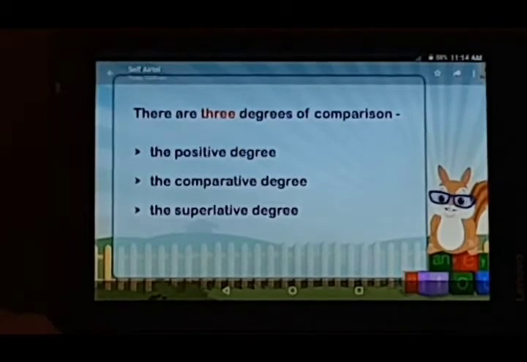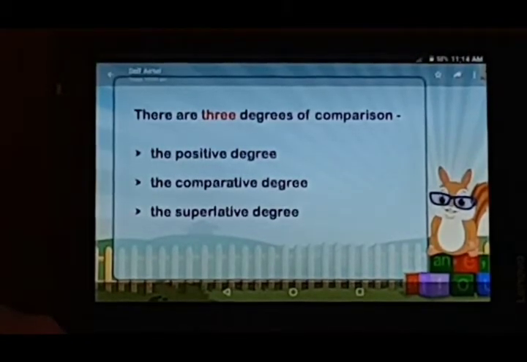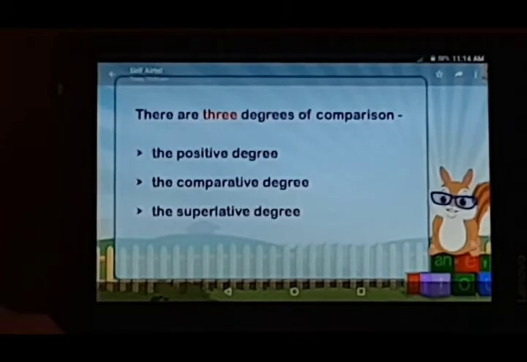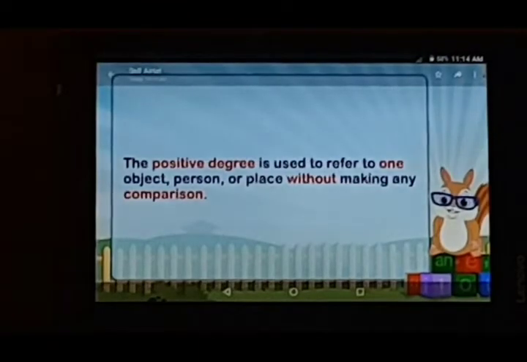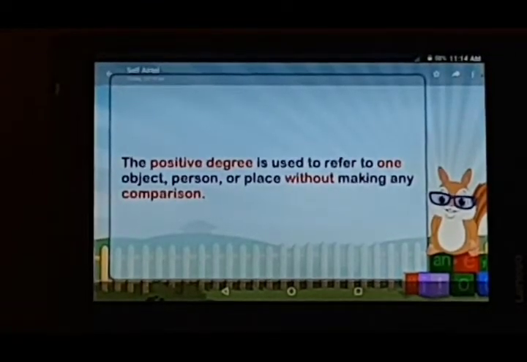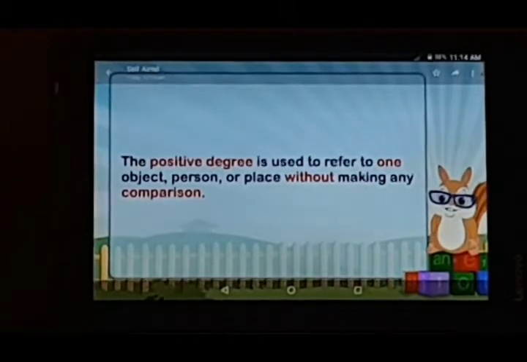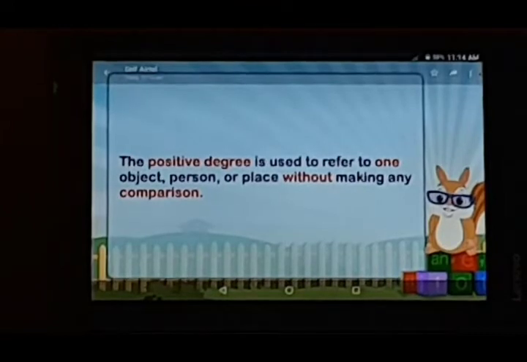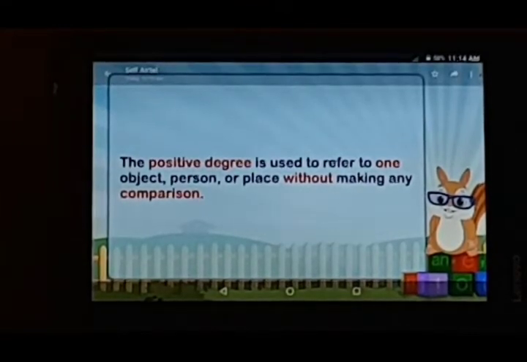In the second one, we are comparing some qualities between 2 nouns, and in the last, the superlative degree, we are comparing some qualities in more than 2 nouns. The positive degree is used to refer to one object, person or place without making any comparison. That means we are talking about the quality of one noun here.